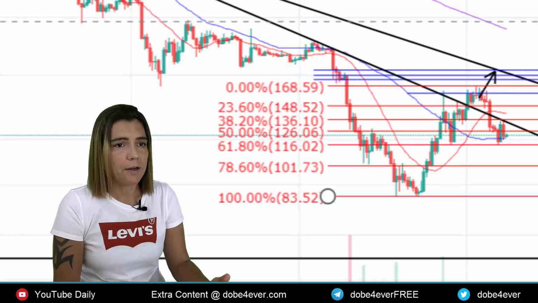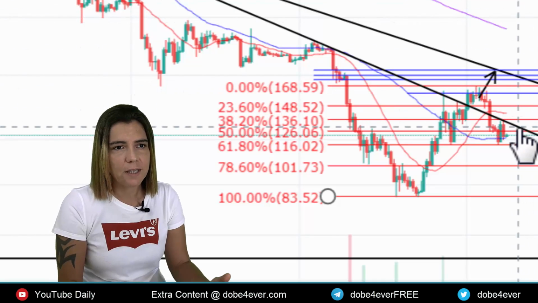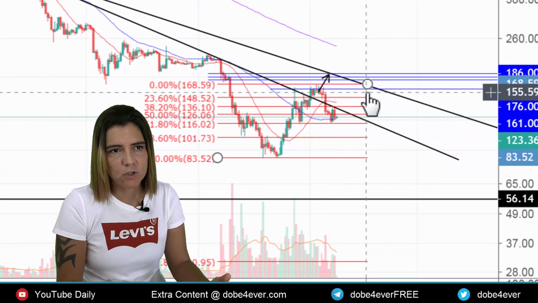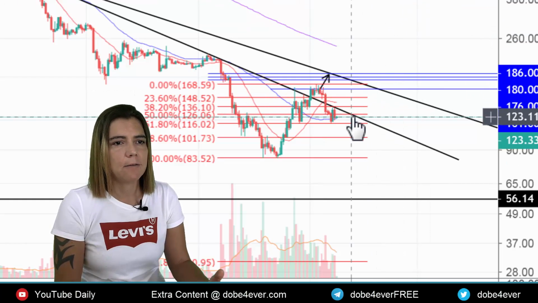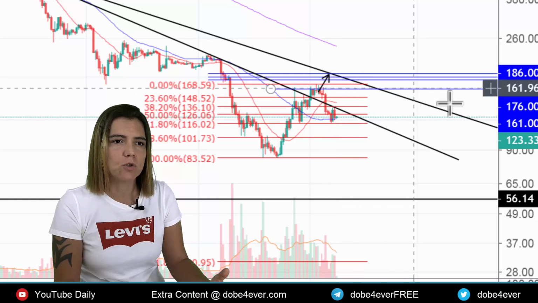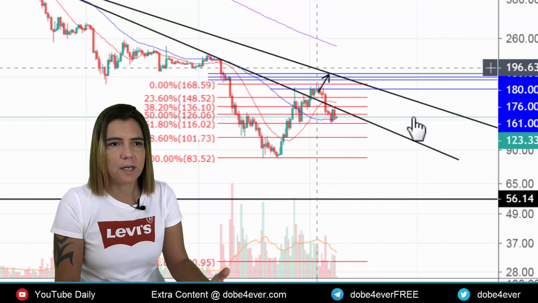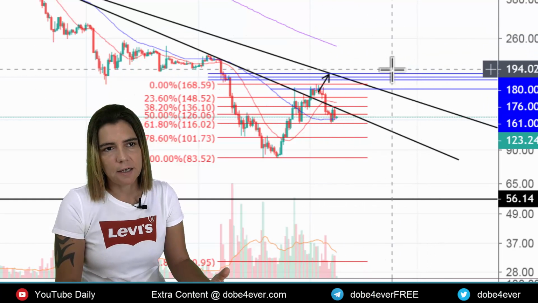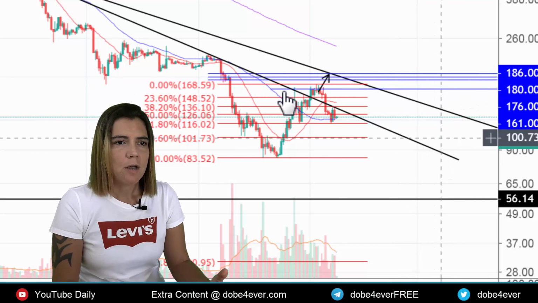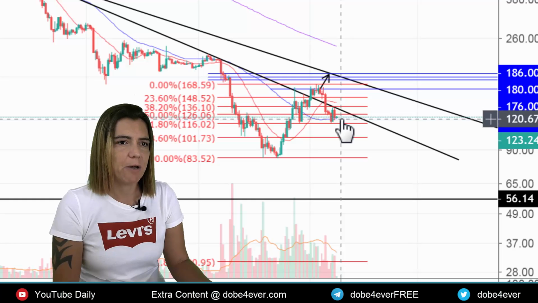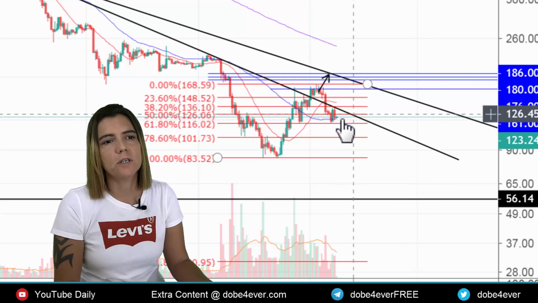So let's see if this one holds here. We might be doing higher highs from here, or at least go up again, bounce again, maybe a triple top or something like that. And if not, guys, as I said, for me the worst case scenario is we go sideways here with volatility until we touch this line, maybe a 200-day moving average, and then reject later on in the future, maybe in a couple months. But I expect this bounce to continue, or at least go sideways.